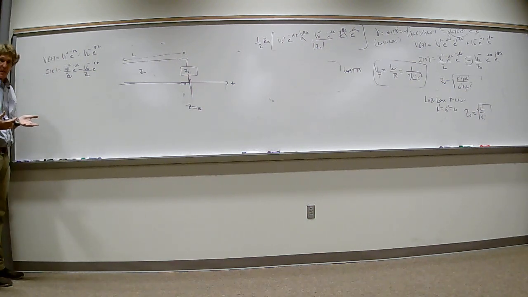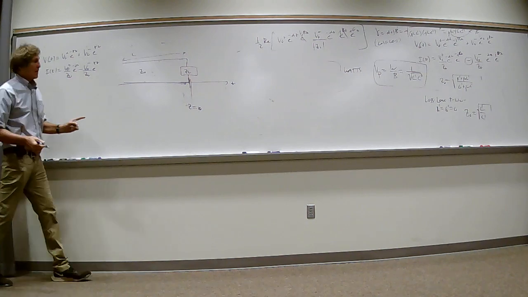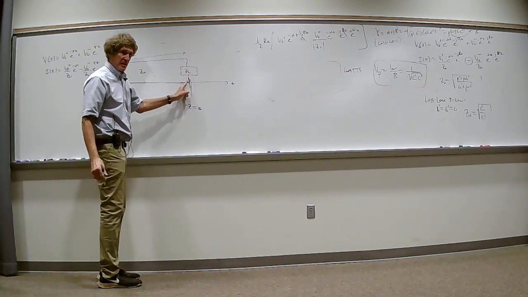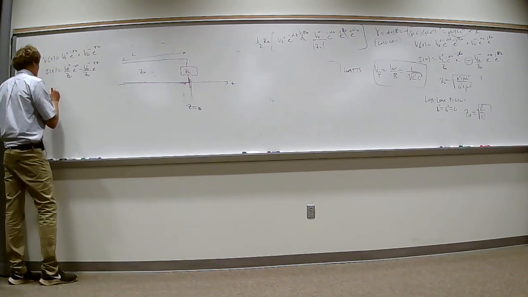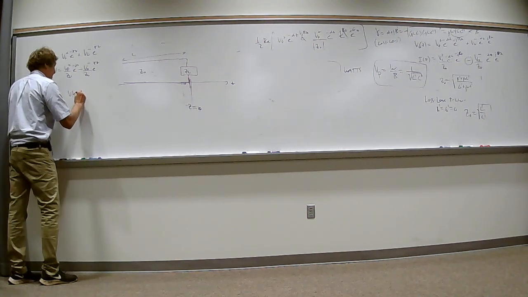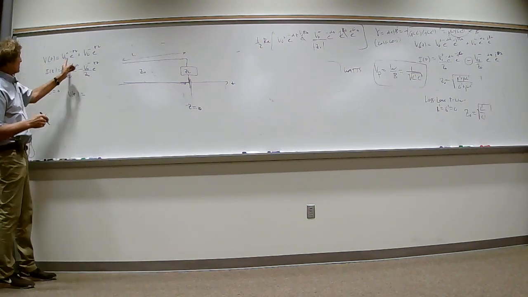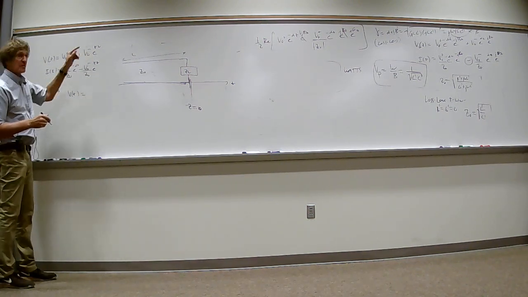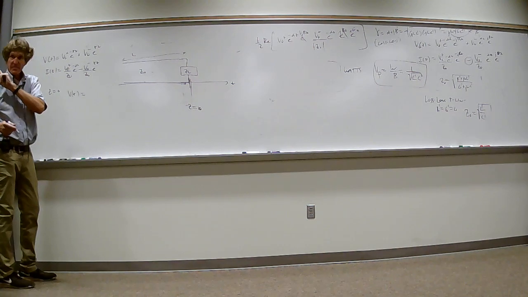You all with me? If you're at the load, at Z equals 0, then V of Z becomes what? Well, if you're at Z equals 0, the e to the 0 is 1. Can you all hear me on that?